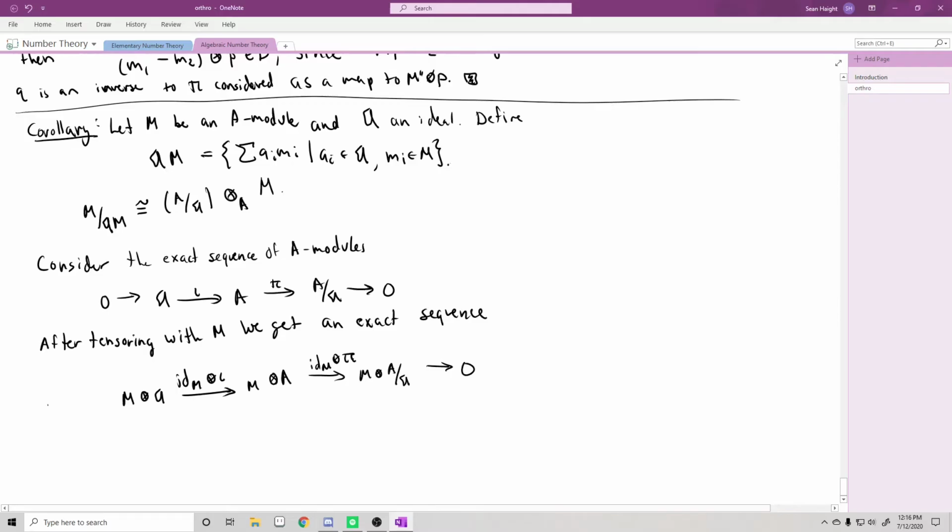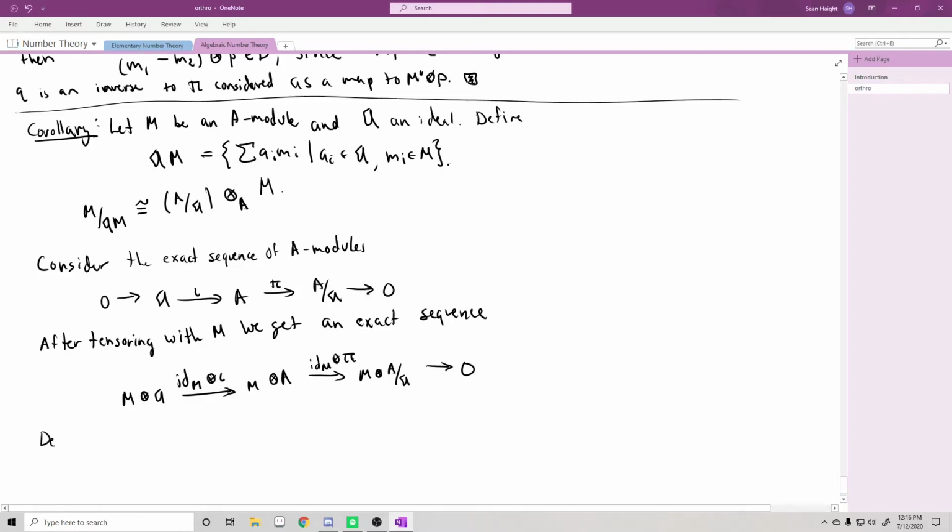So, first thing I want to remark is that I'm going to define a couple maps here, and then I'm going to leave a couple of things for you to check.